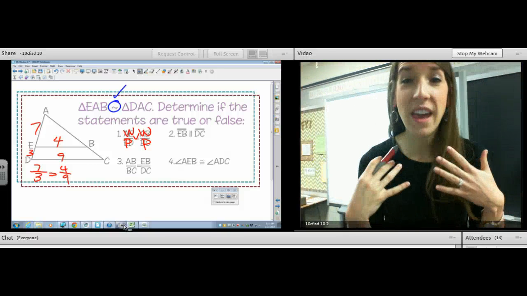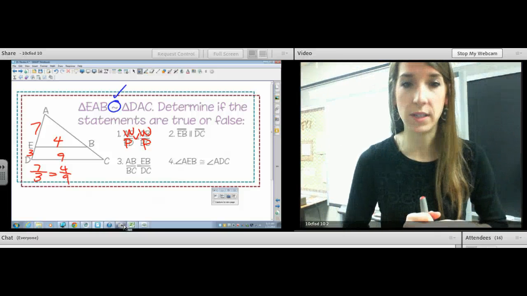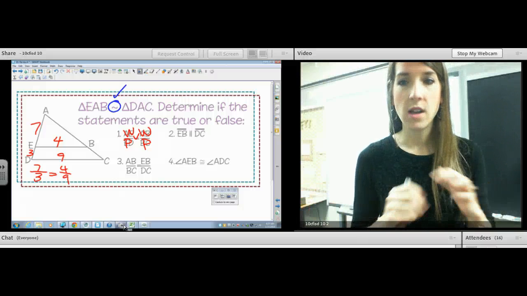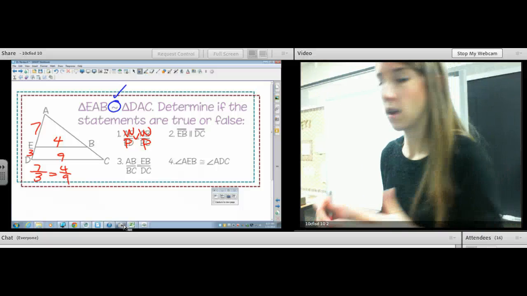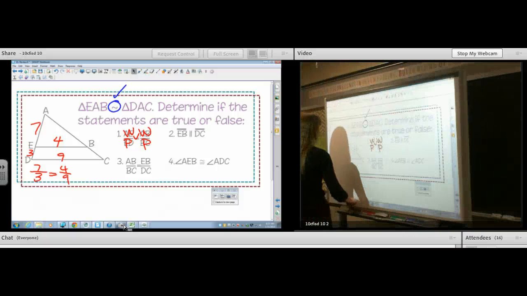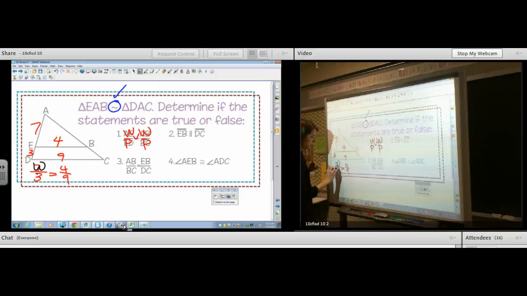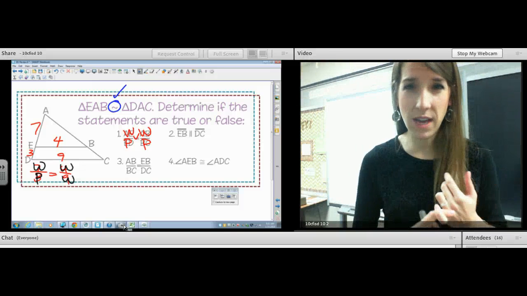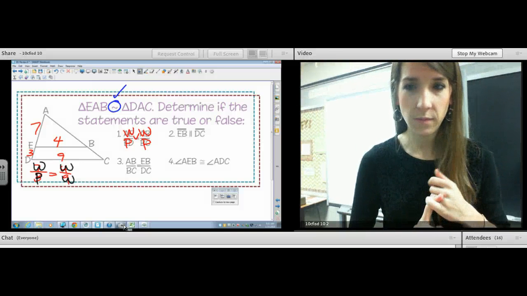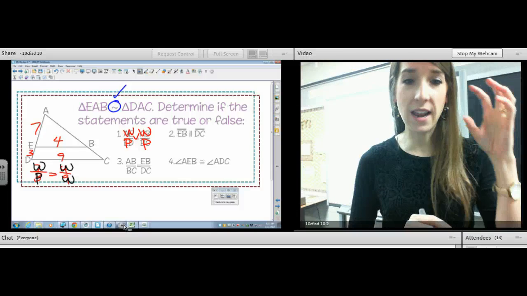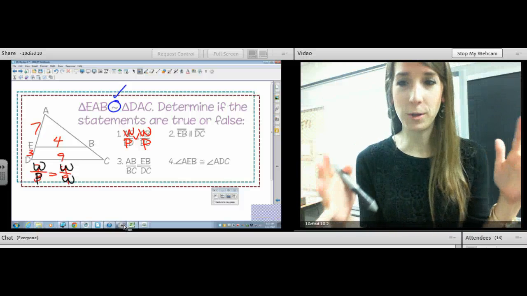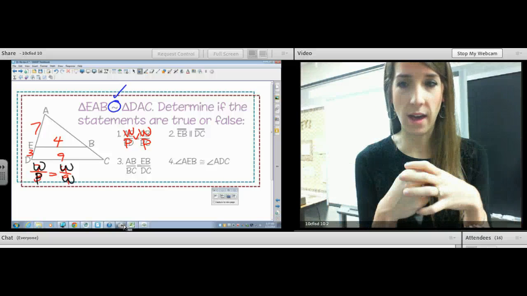That's a time when you cannot use a partial side because 4 is the entire side, 9 is the entire side. So that's like saying whole is to partial as whole is to whole. So do y'all get when you can use a partial side and when you can't? If you're going to use a partial side in one ratio, you just have to make sure you also use it in the other ratio, and then you'll be okay.